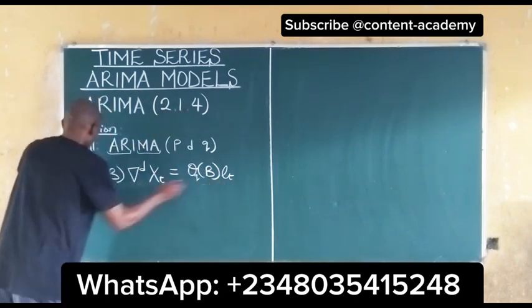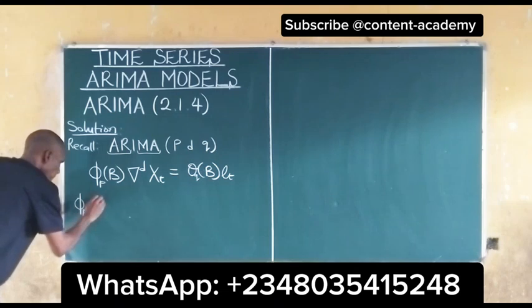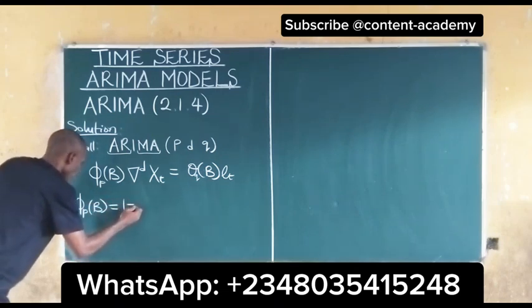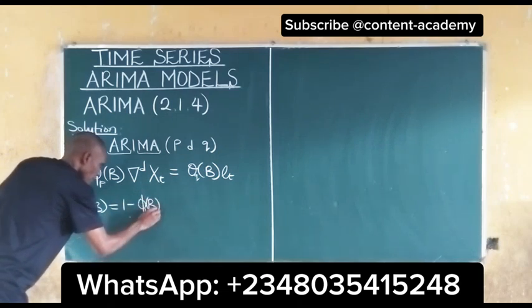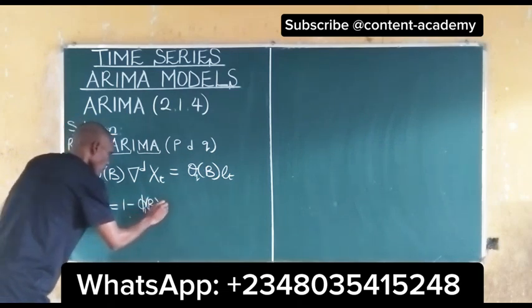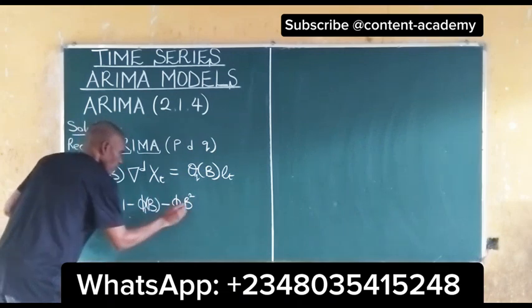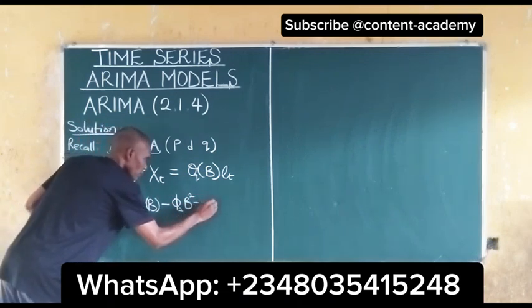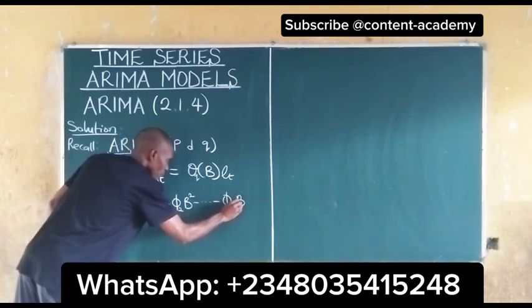Of course, this means phi_p(B) is equal to 1 minus phi_1 B minus phi_2 B^2, and so on.